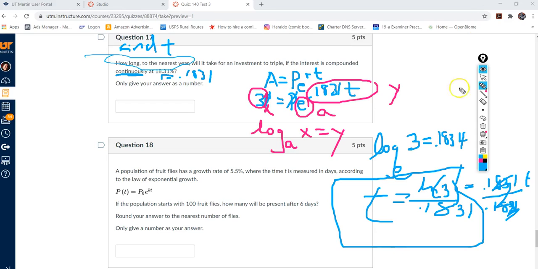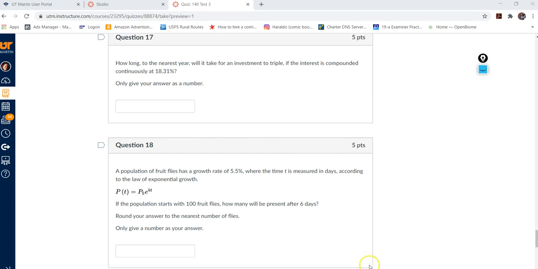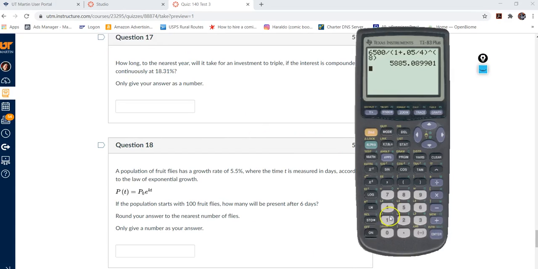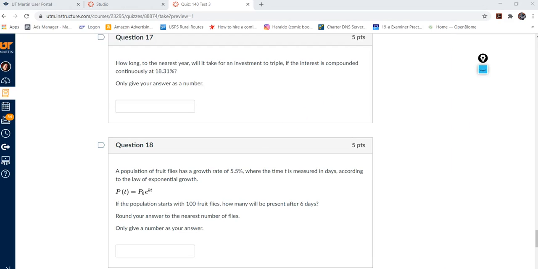So now let me do that. ln of 3 divided by 0.1831. And what is it to the nearest year? It will take 6 years. It should be very clear. To the nearest year is 6 years.